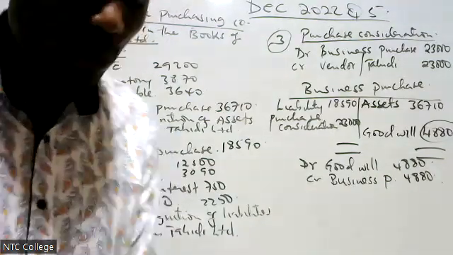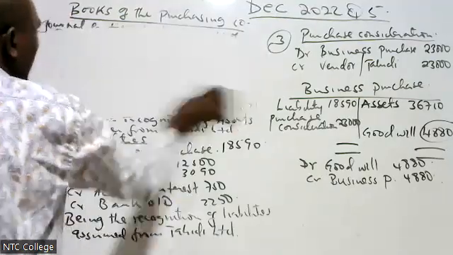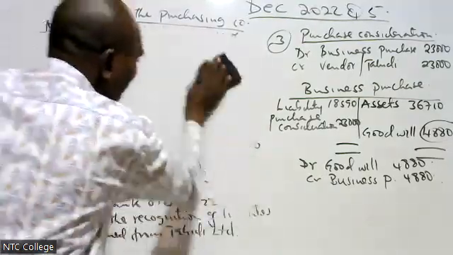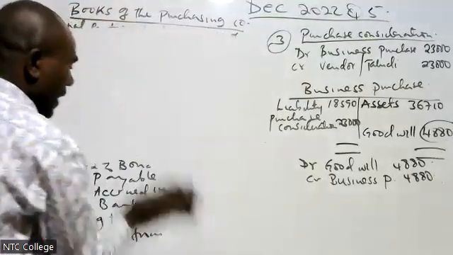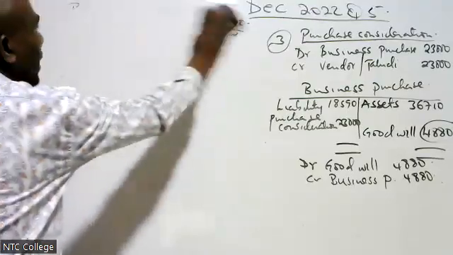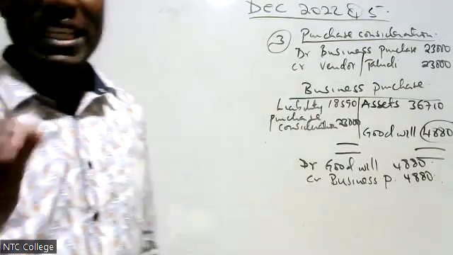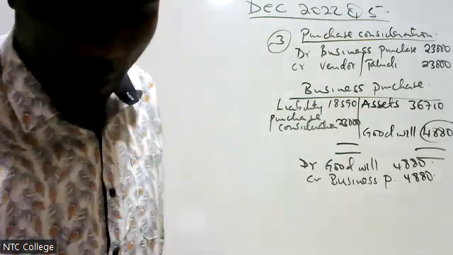Now what I want us to do is very serious. After we have done all those journal entries, the examiner told us a very serious item in note number 10.